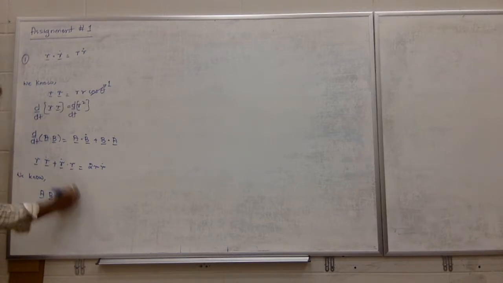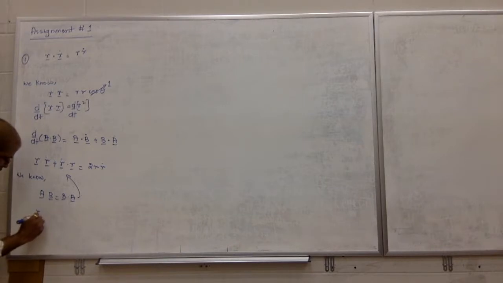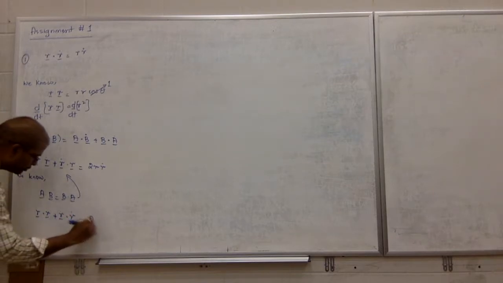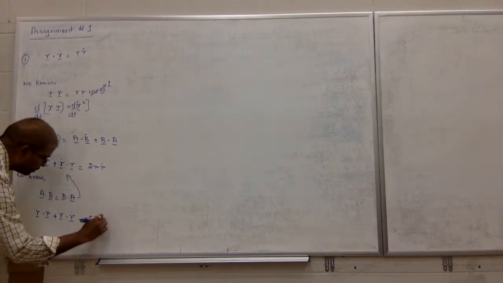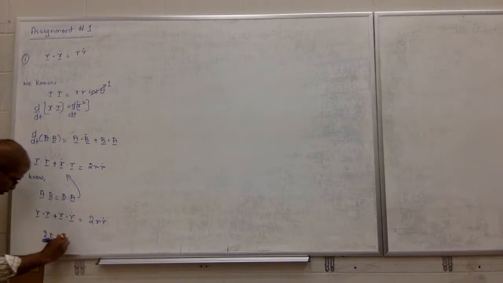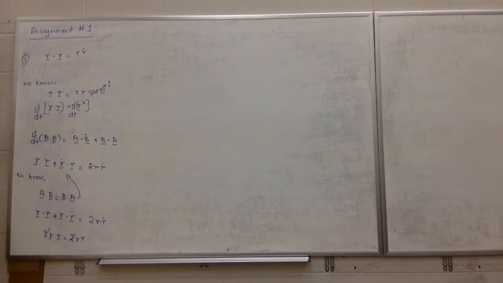So when we apply this, it's going to become r dotted with r dot plus r dotted with r dot, which is equal to 2 r r dot. This will become 2 r dotted with r dot equal to 2 r r dot. You just cancel this.